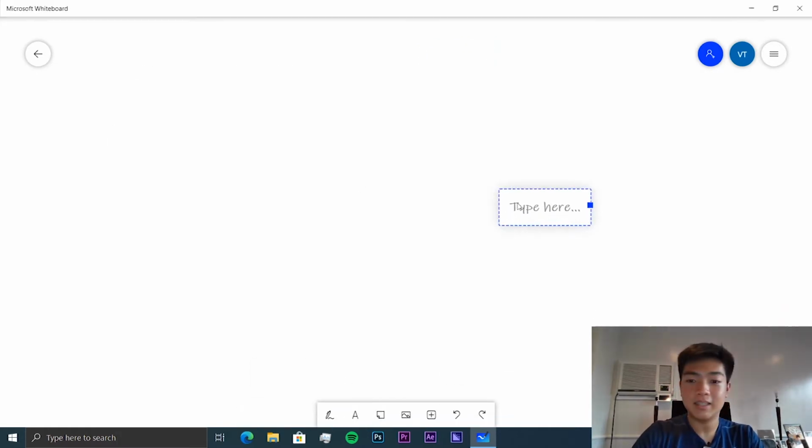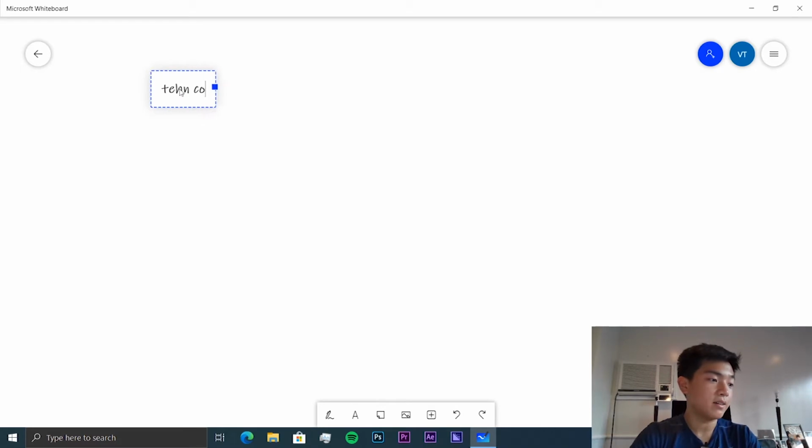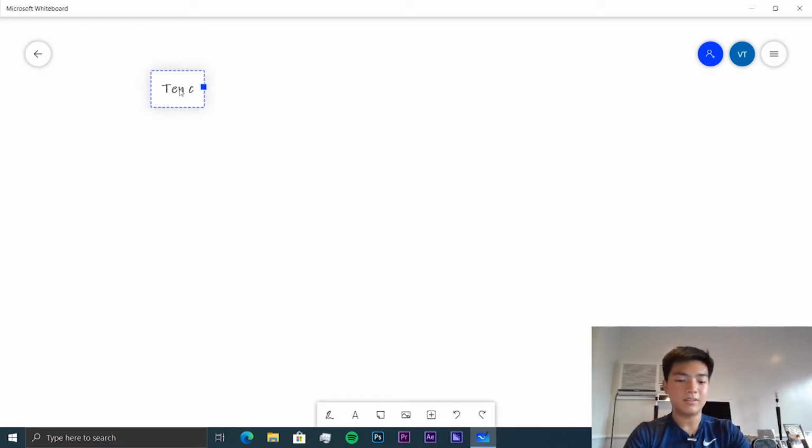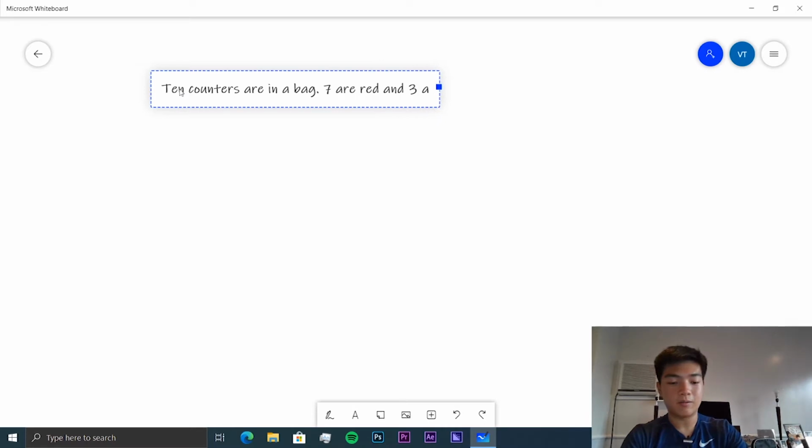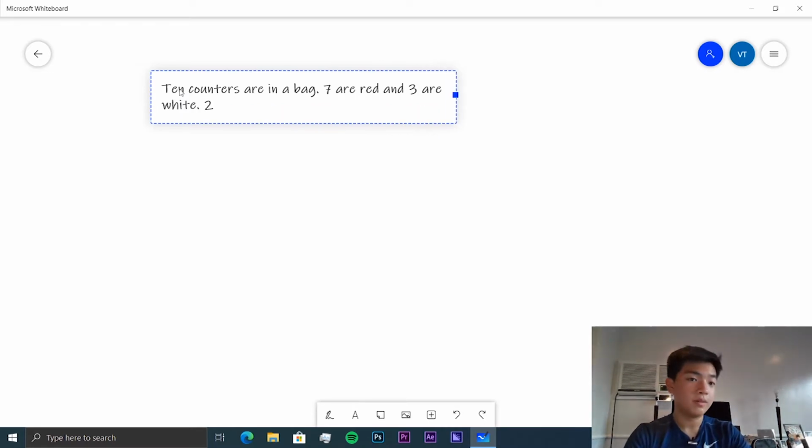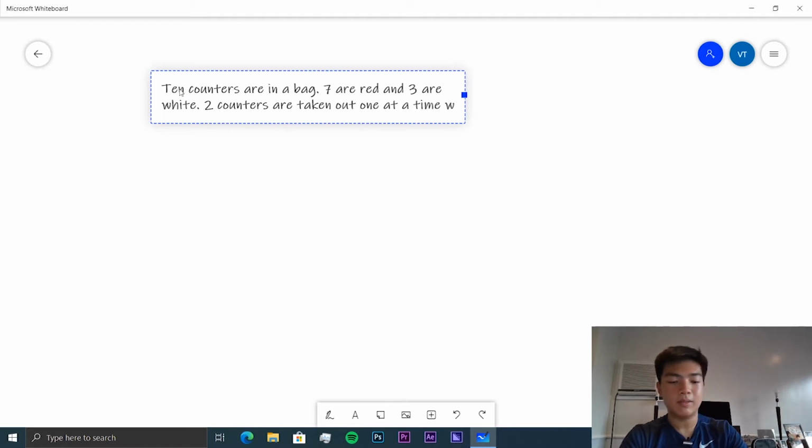And the next question is: 10 counters are in a bag. 7 are red and 3 are white. 2 counters are taken out one at a time without replacement.